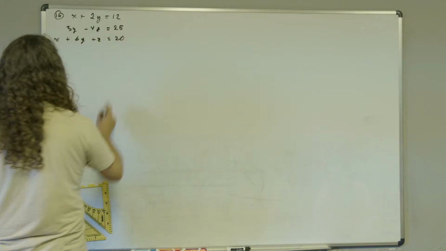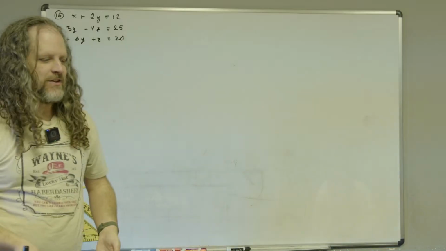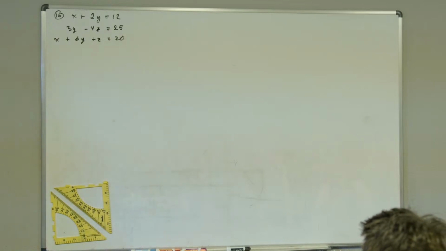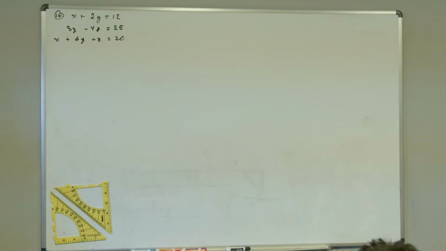So our goal ultimately is to get down to one equation with one variable. I mean, that's really kind of our first driving force, right? So what if I solve the first one for x?